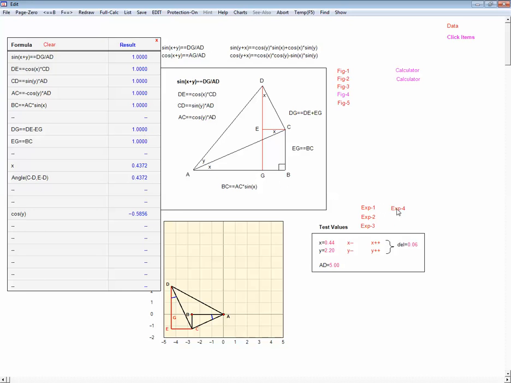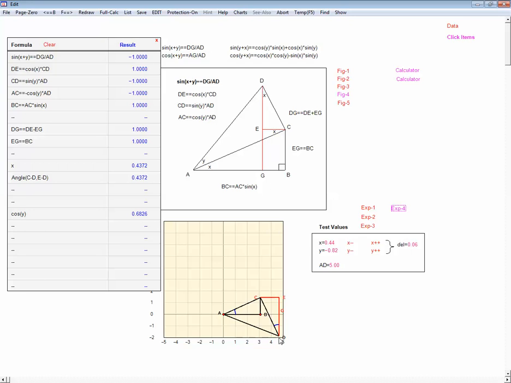This is perhaps the most challenging one. Here's another picture, and we've lost some equalities there. In fact, we lost our main equality. The sine of x plus y is no longer equal to dg over AD. Now that seems strange, because if we look at dg, that's d up here, g down here, AD, it seems like that's always got to be true.